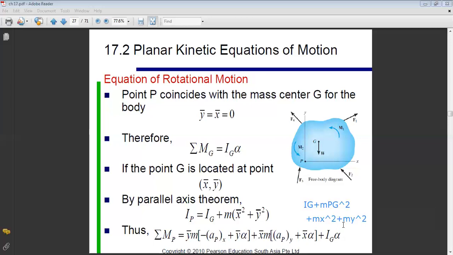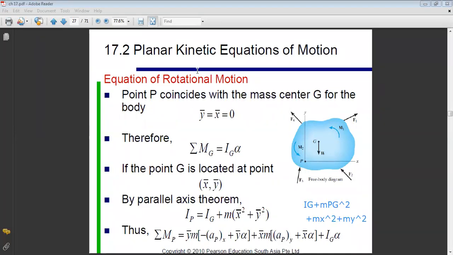Because look, this term is multiplied by alpha here because it's IP times alpha. So when I multiply IG plus MPG squared by alpha, I will obtain here mx square alpha plus my square alpha. Now, mx bar is common for mx bar square alpha and for mx bar APY.